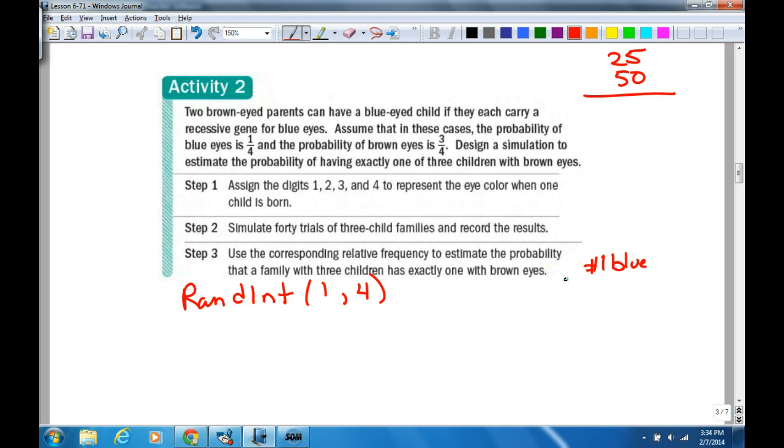If I do over, say, 40 trials of this with 3, I should have put a 3 there because I have 3 children. We're looking at exactly having 1 of 3. So if I do this 40 times, we can come up with a percentage.